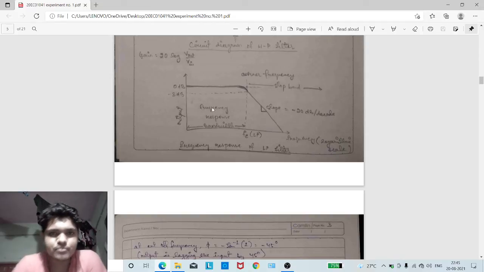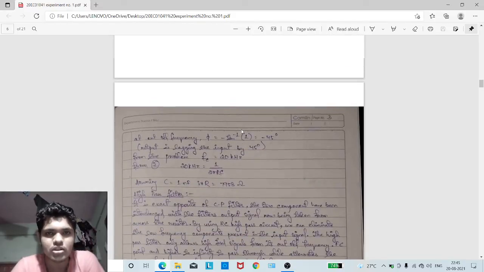First of all it will be at 0 dB and constant, and at the corner frequency it will slightly decrease, and after that it will decrease linearly, and we will get a slope of minus 20 dB per decade. This is the bandwidth, from 0 to this FC. This FC will be the bandwidth for the low pass filter, and this frequency is on a logarithmic scale. I mean this graph will be a semi-log graph.